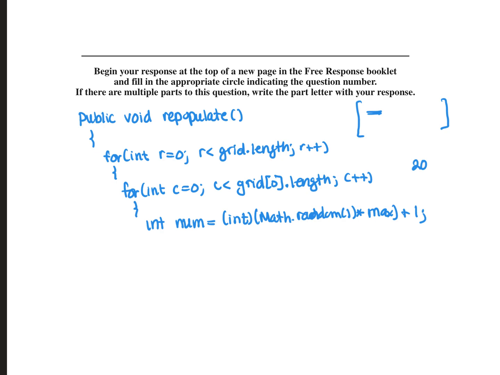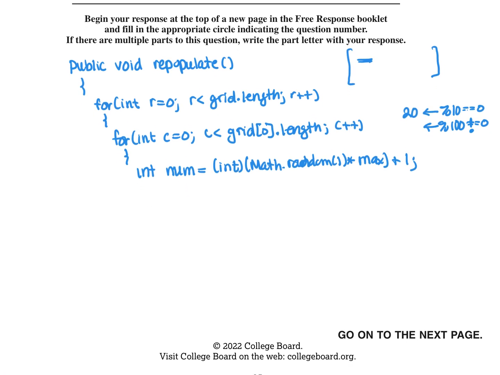Now the two rules we have to have: this has to be mod 10 equal to 0, and we need this mod 100 not equal to 0. So we're going to check that after we create our random number. We're going to keep creating new numbers until we have one that meets the value. So we're going to do this while we don't have what we want.